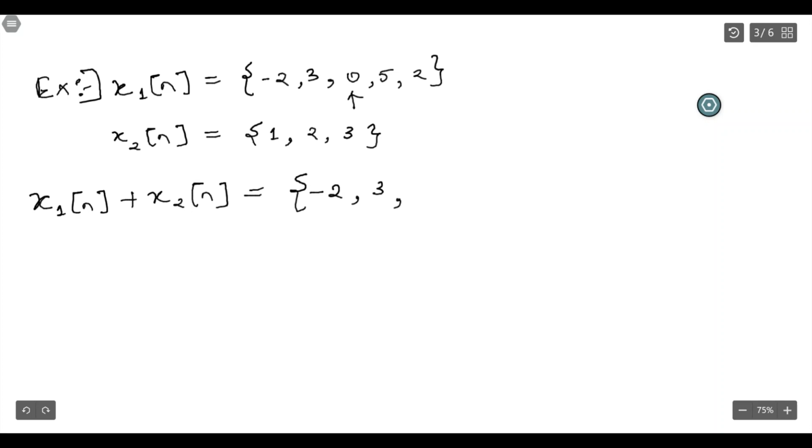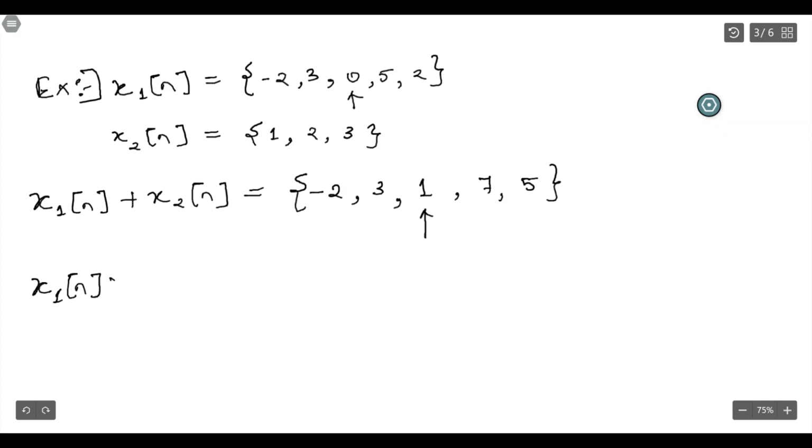At the origin 0 is here, and here 1 is here. So we will get 0 plus 1, 1, which is at the origin, and 5 plus 2 we get 7, 2 plus 3 we get 5. So this is how we add two discrete time signals.